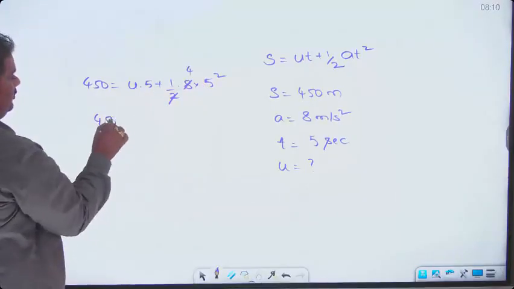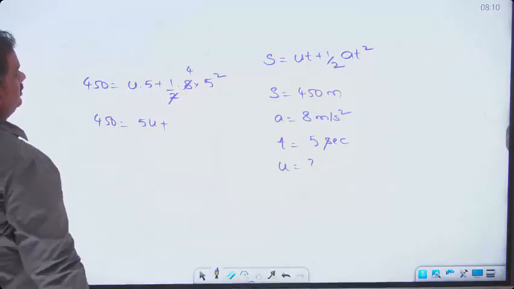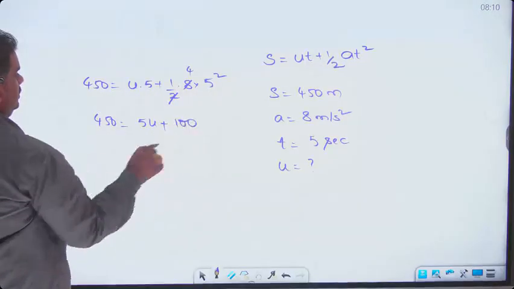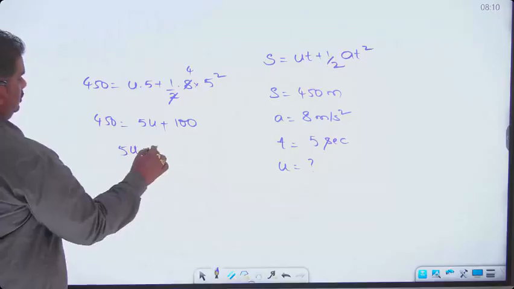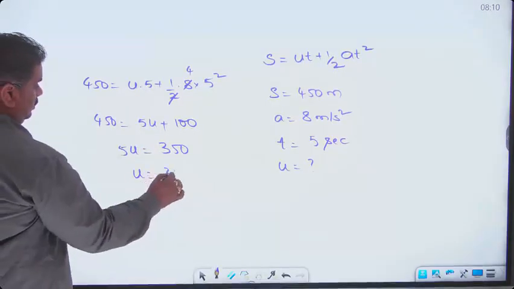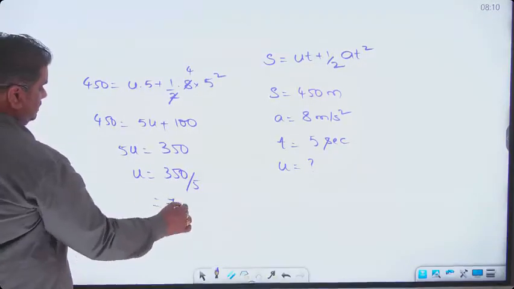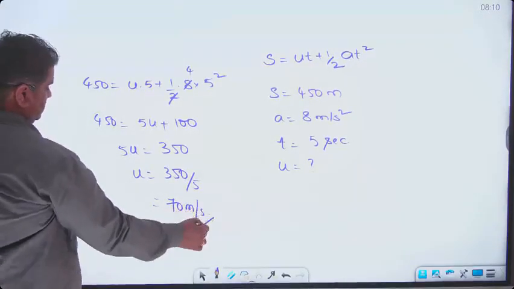So 450 equal to 5U plus 25 into 4. So 5 into U equal to 350, or U equal to 350 by 5, that is equal to 70 meters per second.